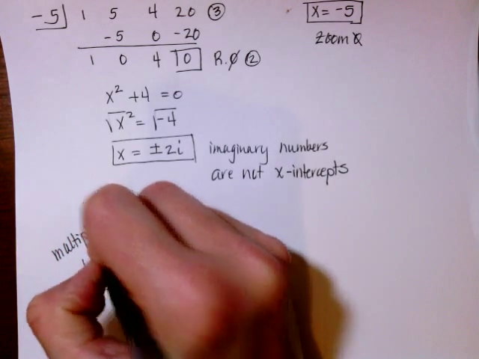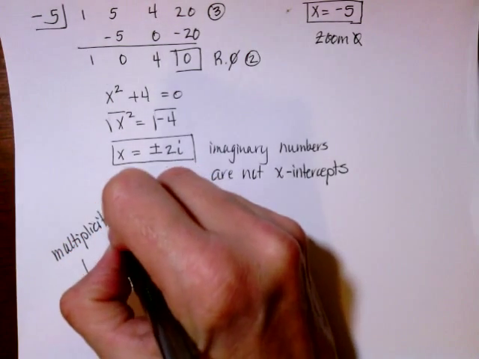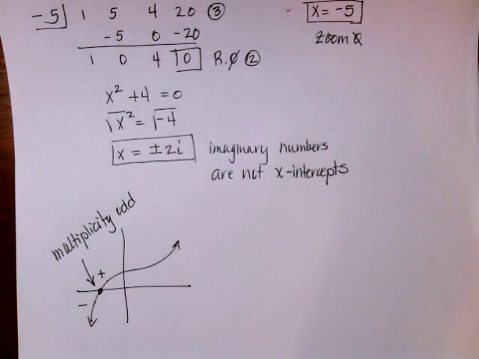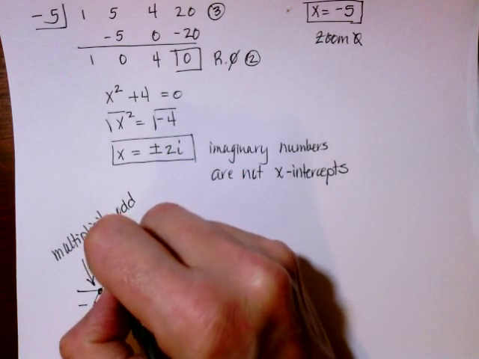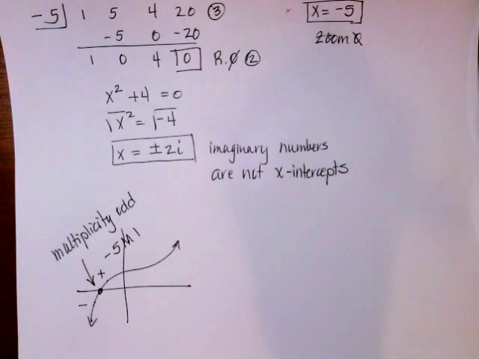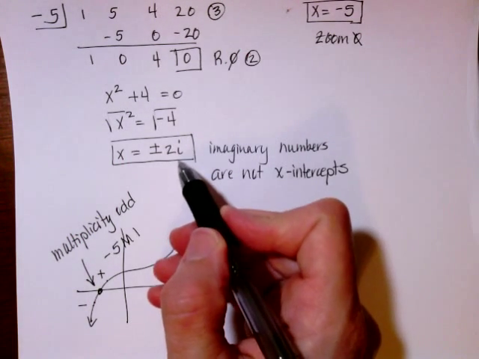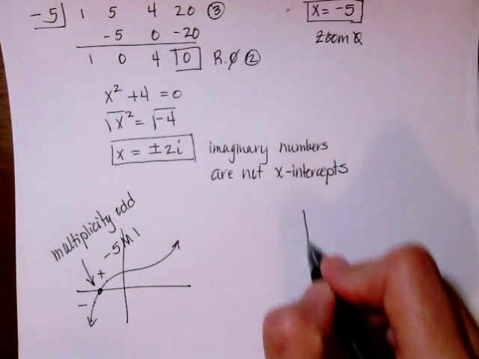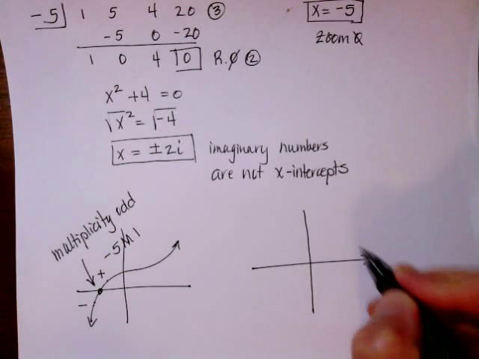And remember, that is a repeated zero that's odd. And in this particular case, this was a -5 with a multiplicity of 1. And 1 is an odd number. We couldn't see our two imaginary solutions because I don't cross the x-axis.